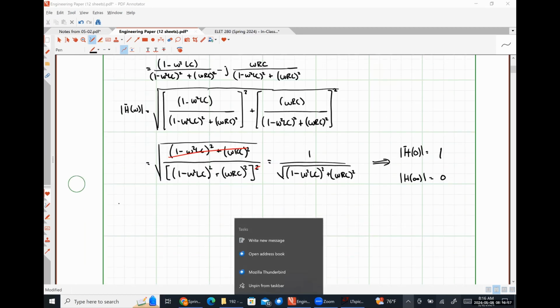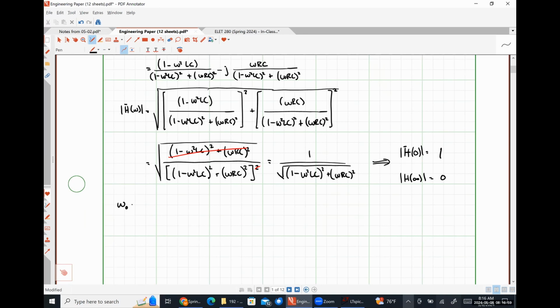Because this is a second order filter, we're going to have a resonant frequency omega naught, still nothing more than 1 over square root of LC. That'll be true of all of these because it's just a series RLC circuit. However, this does not represent our 3 decibel cutoff frequency.